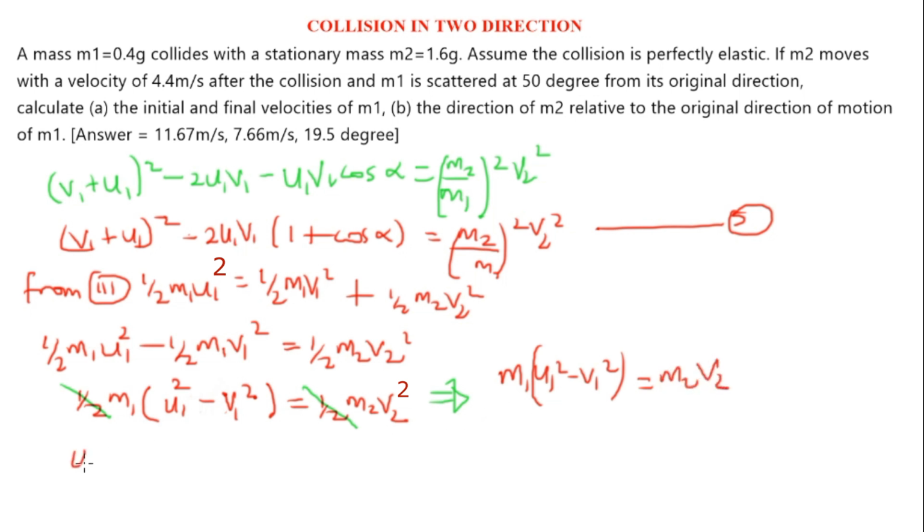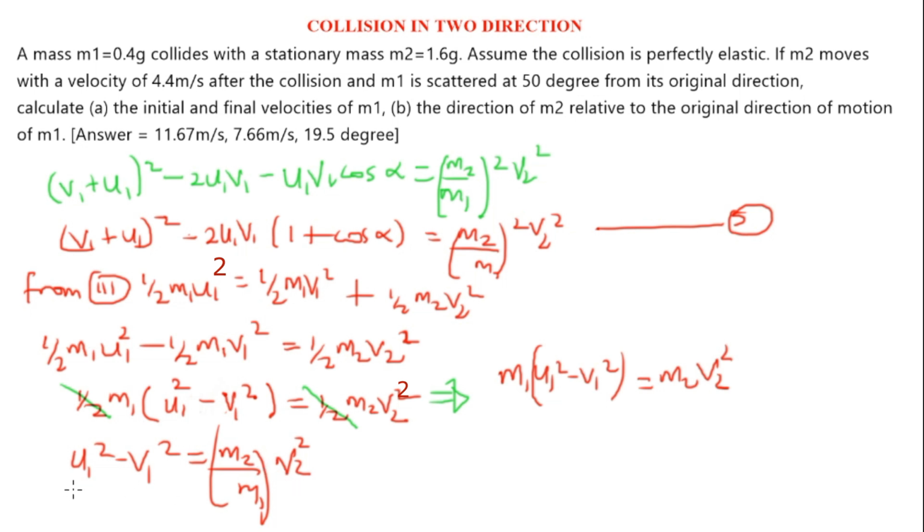So we can see u1 squared minus v1 squared is equal to m2 upon m1, just like the other time, then v2 squared. Don't forget this square. So m2 over m1, then v2 squared.